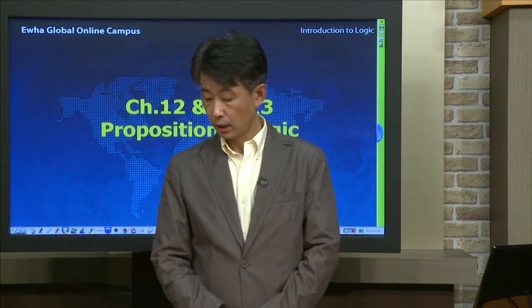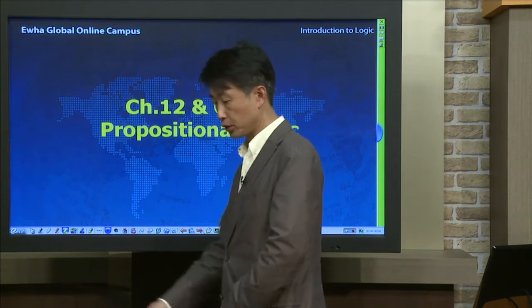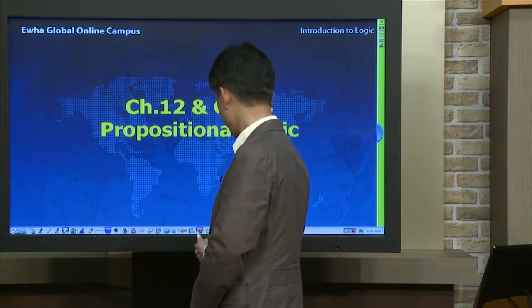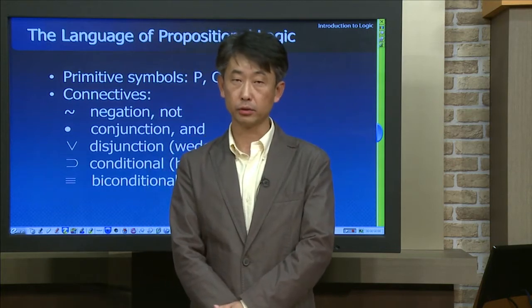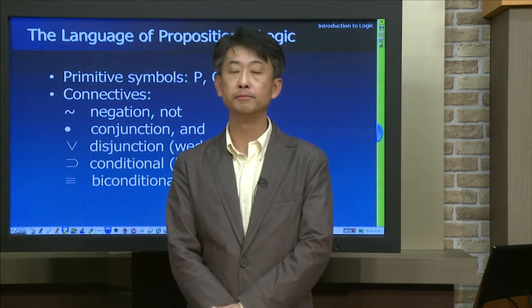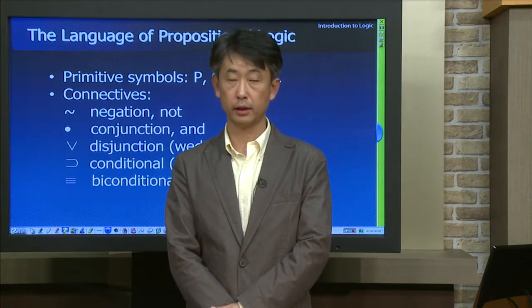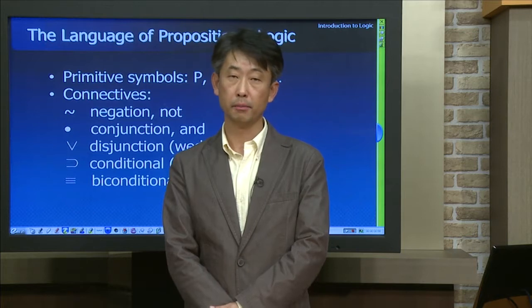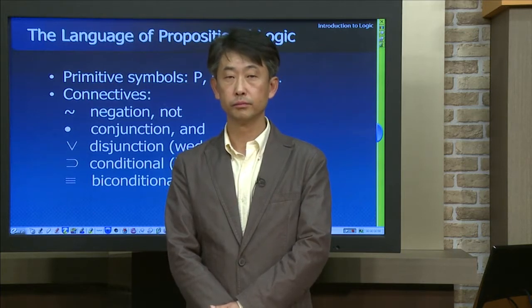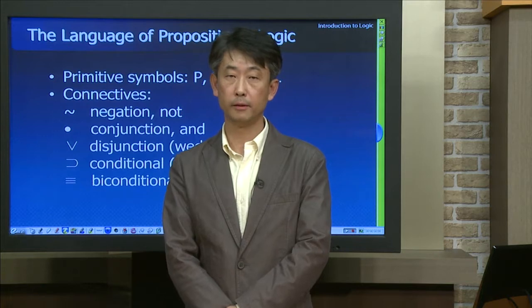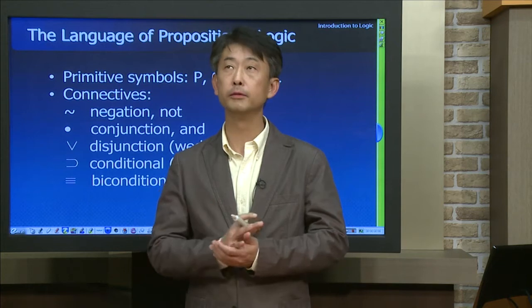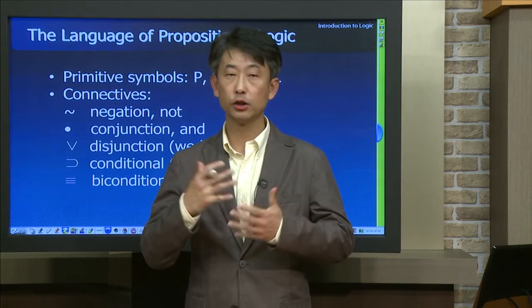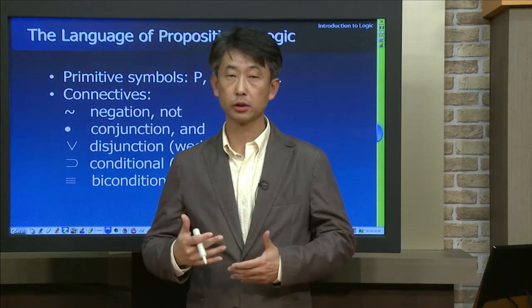Okay. What is the language of propositional logic? It is not an ordinary language like English or Korean. It is an artificial language that logicians made up for the purpose of articulating the logical structure of a language.